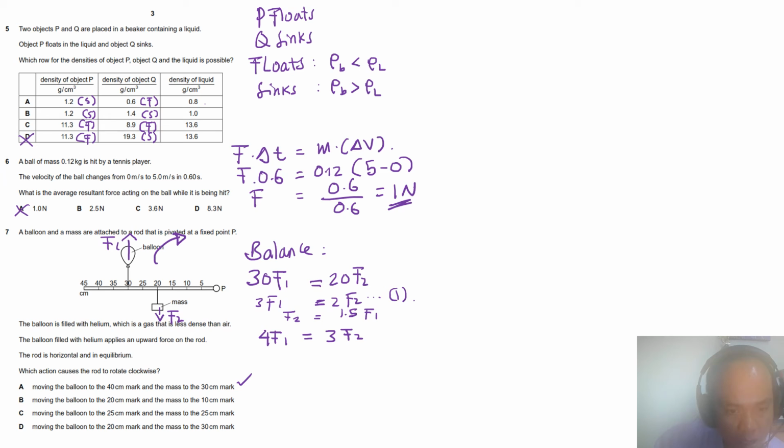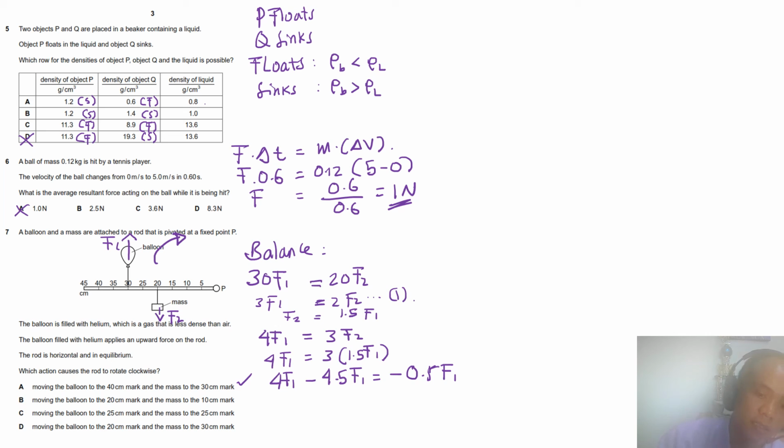So we substitute F2 into this equation: 4 F1 minus 3 times 1.5 F1, which is 4 F1 minus 4.5 F1, will be minus 0.5 F1. The result is negative. So this is not the answer. This was option A.